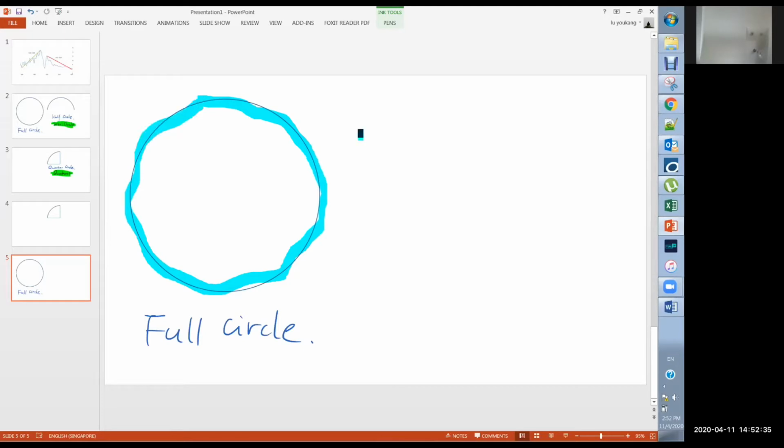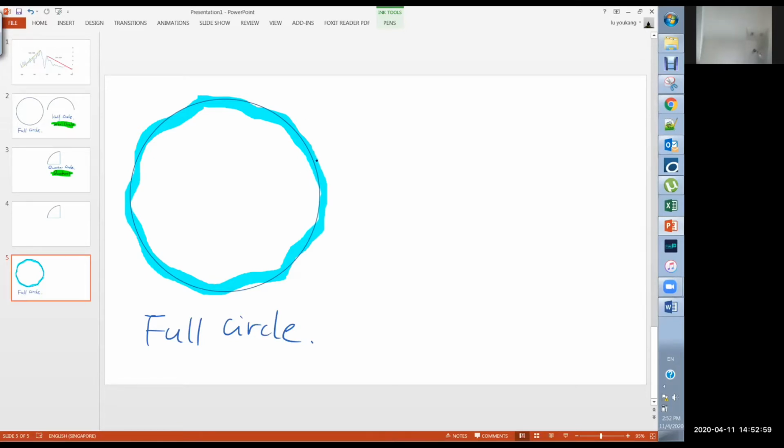The highlighted one, the blue colored one. What's this called?